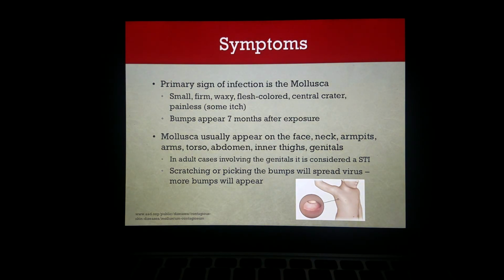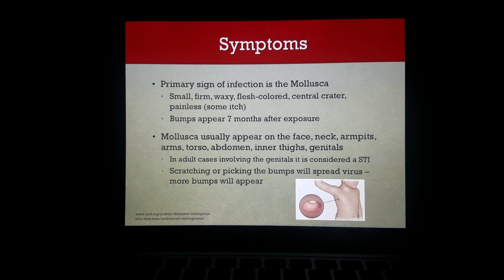All right, so presentation: the primary symptom, basically the only symptom, is the small, firm, waxy, flesh-colored bump, the mollusca with the central crater. Most of the times it's painless, but there is some itching involved, and it's just kind of an annoying little bump. Usually the bumps are not too many, usually less than 20, and they're usually found on the face, the neck, the armpits, arms, the torso.